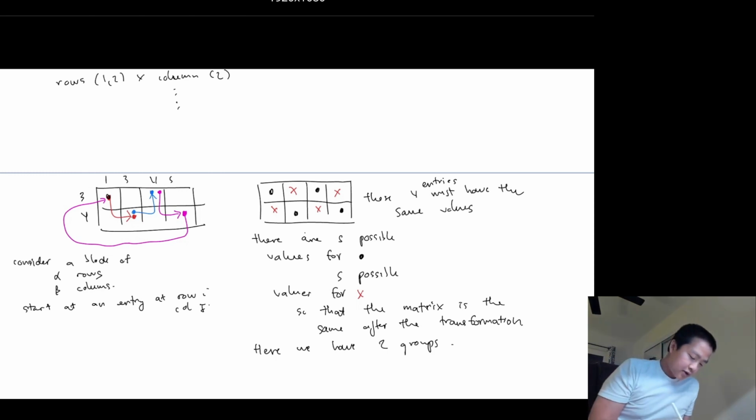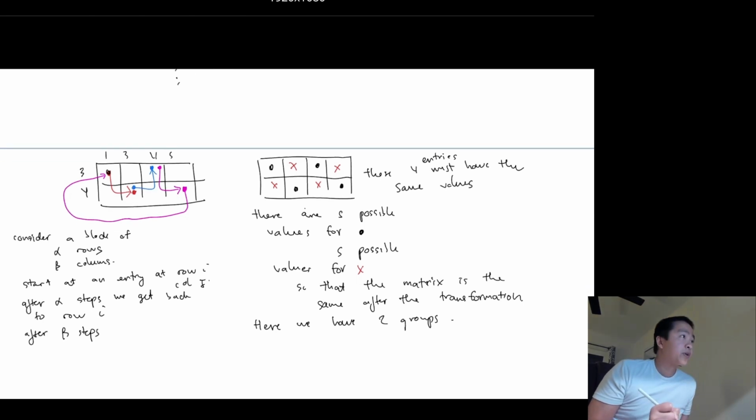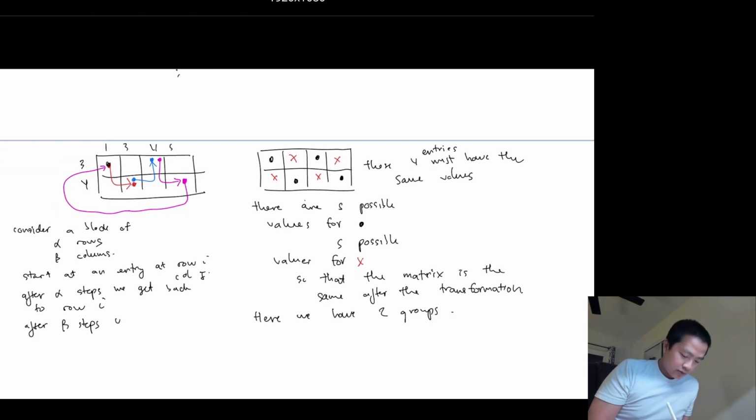After alpha steps, we get back to row I, and after beta steps, we get back to column J.